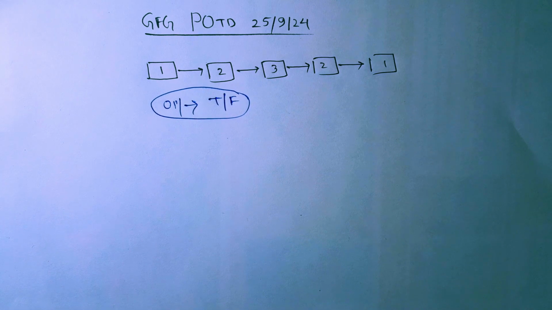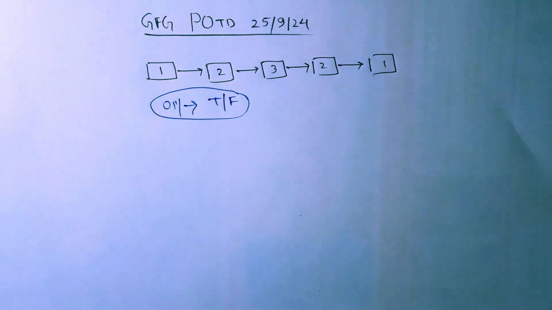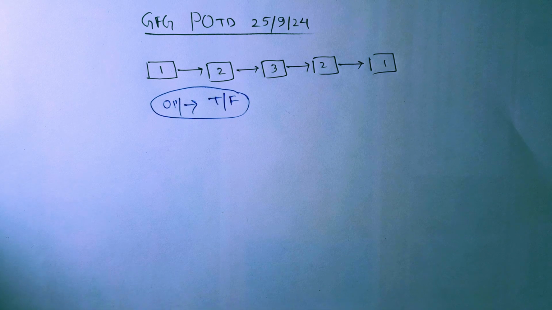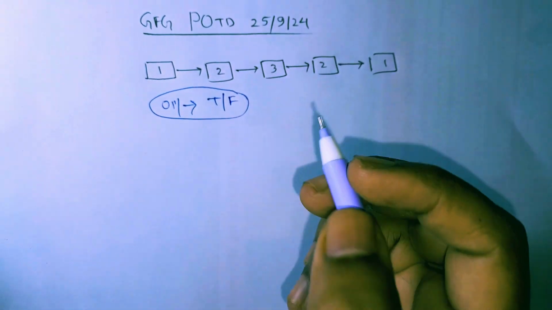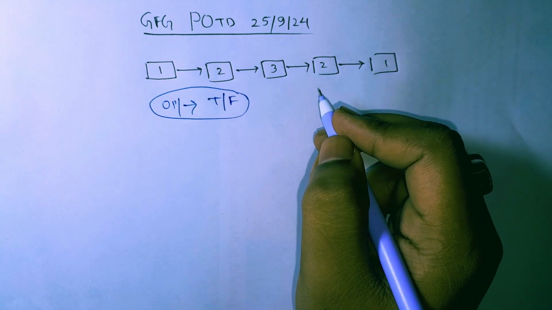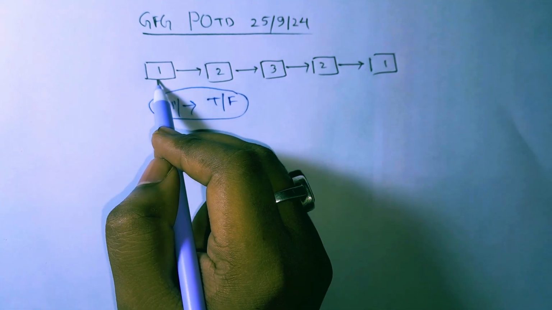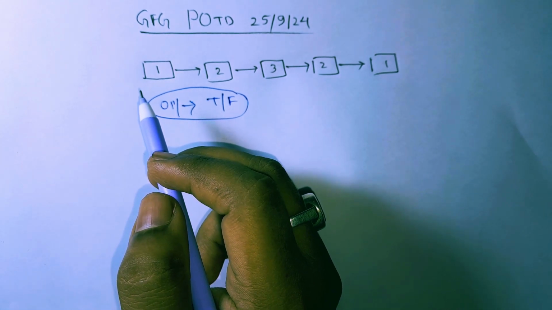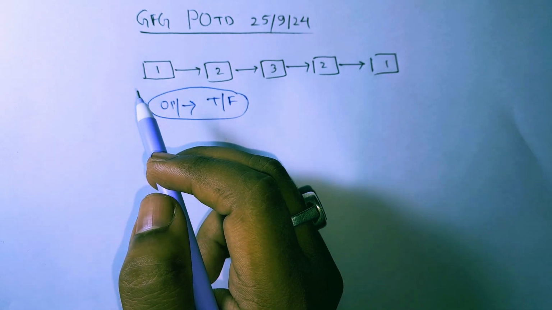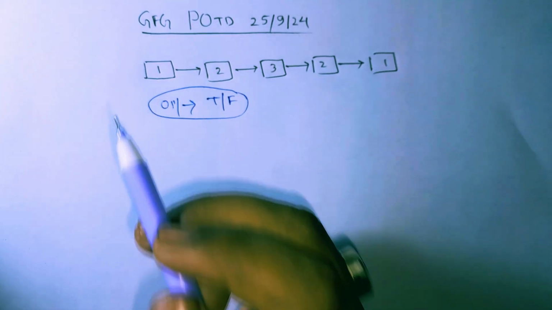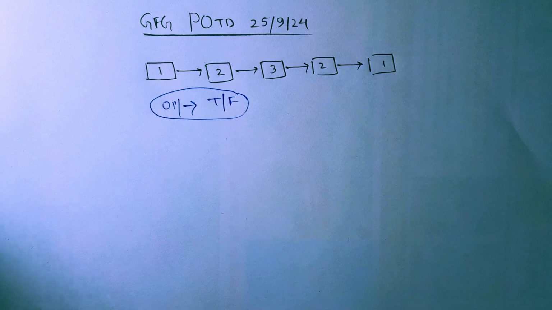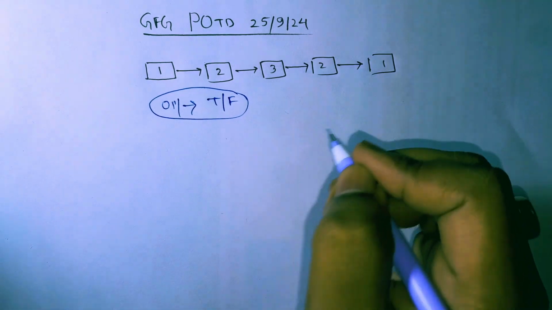So one thing you can do is iterate through the linked list and store all the data of each and every node in a data structure, and after that I will traverse that data structure and check if it is palindrome, then we can simply return true or false. So how can we approach it?